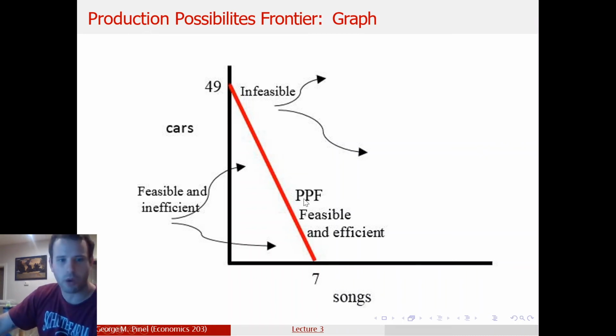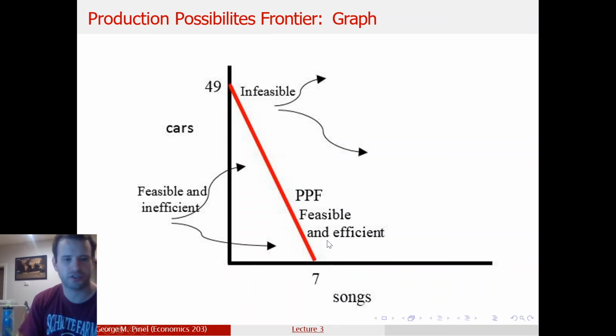Okay, so it's a downward slope picturing the trajectory of the trade-off, which is your opportunity cost. And it's always in terms of whatever good is on the x-axis. So the opportunity cost of songs is -7, which is the slope of the graph.